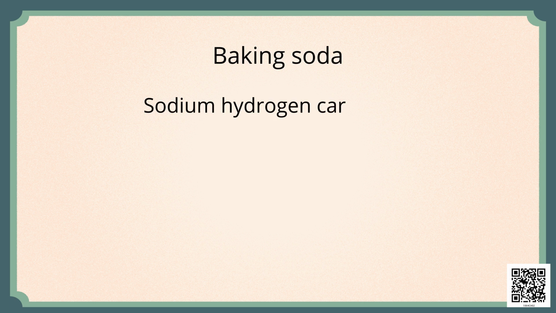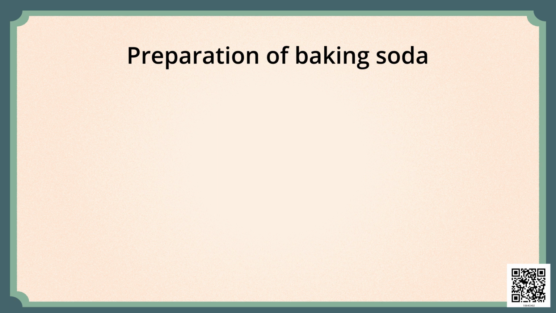Now we will discuss how baking soda is formed. Chemical name of baking soda is sodium hydrogen carbonate and chemical formula is NaHCO3. The main raw material required for making baking soda is sodium chloride.